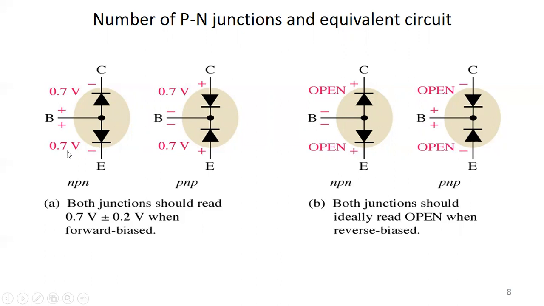Here for NPN transistor, this is the cathode representing the collector, and this is the cathode representing the emitter.